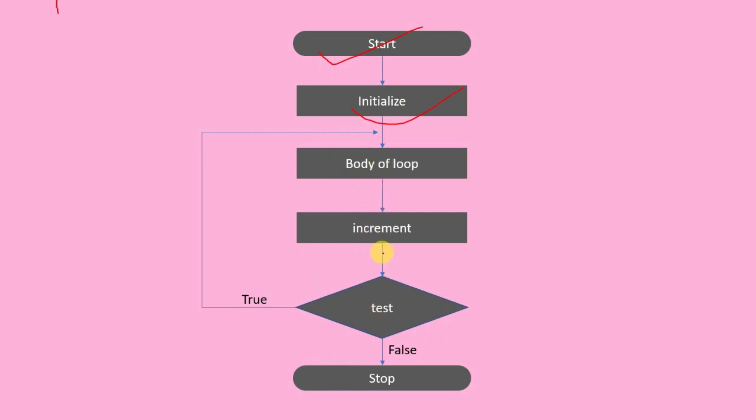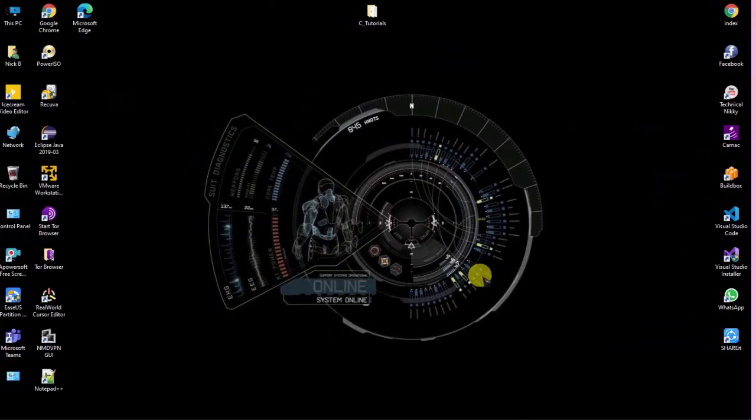If everything is true, it follows this path and goes into the loop again, and it works in the loop again and again while the loop condition is met. If it is false, it follows this path and stops the program directly. But the initialization is executed only once.